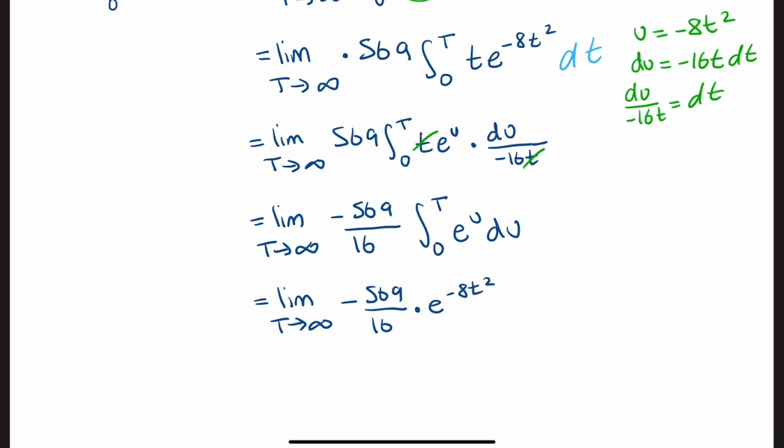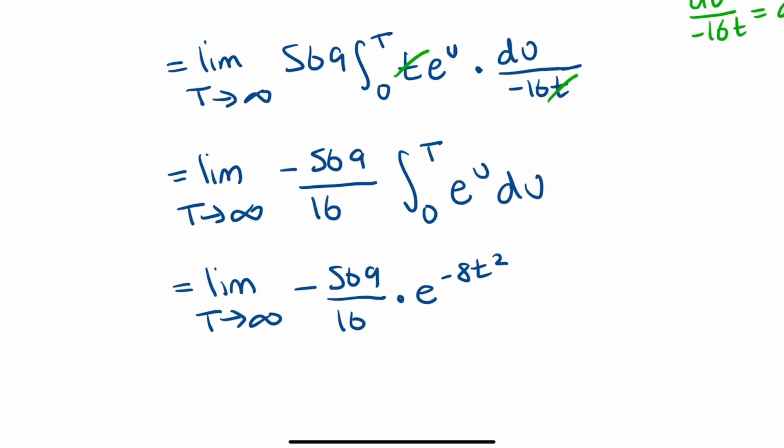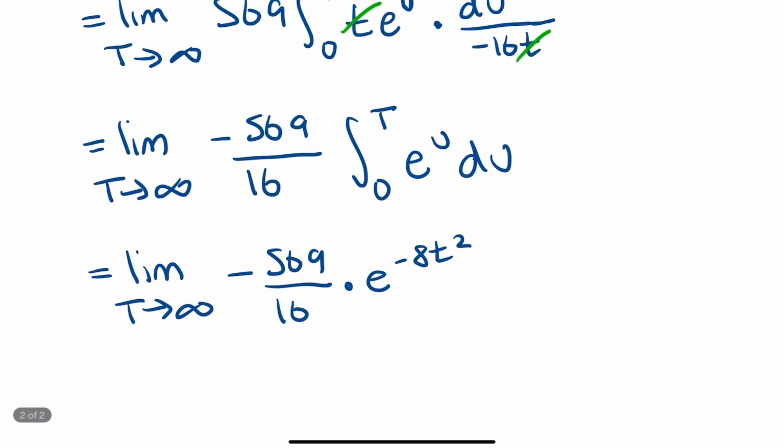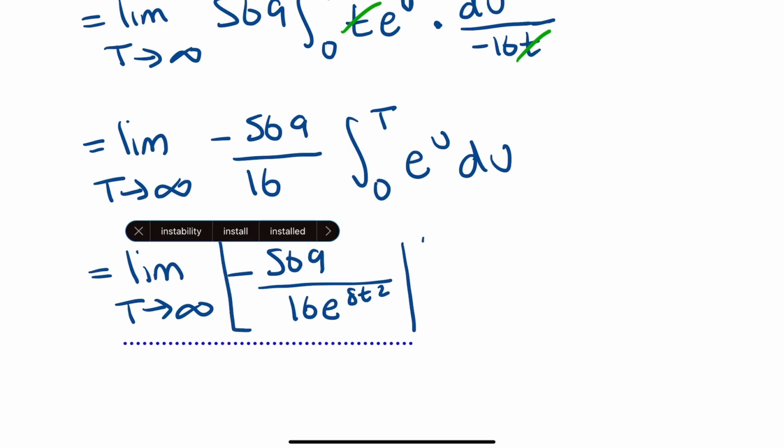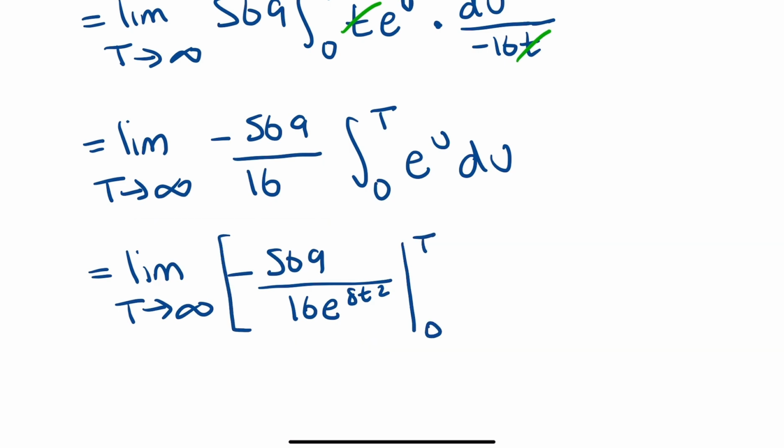And because we're going to plug in infinity eventually, I'm just going to use the fact that e to the negative power is the same thing as saying 1 over e to that power. So I'm going to move this into the denominator. And so we can say negative 569 divided by 16e to the 8t squared. And this will be all evaluated at capital T and 0.